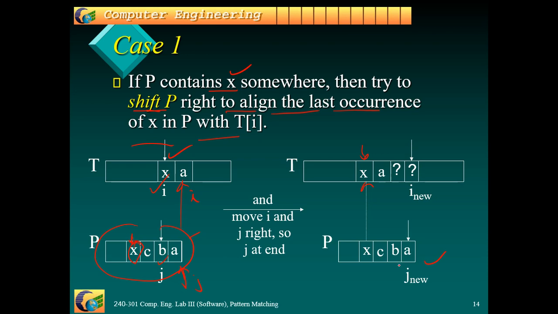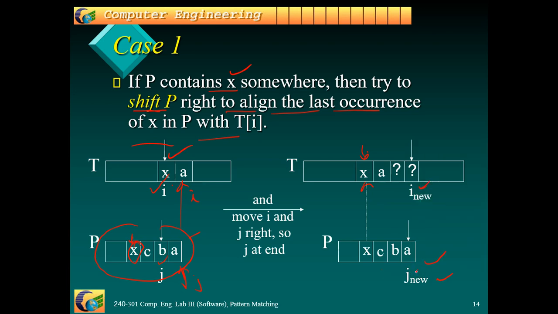That is the standard case. The second thing we are going to discuss is part of these three different cases. So now your new J will be here, and obviously your new I will be somewhere here, because when you are aligning the last occurrence of X in P with T of I, where I was here, J is going to be disturbed.